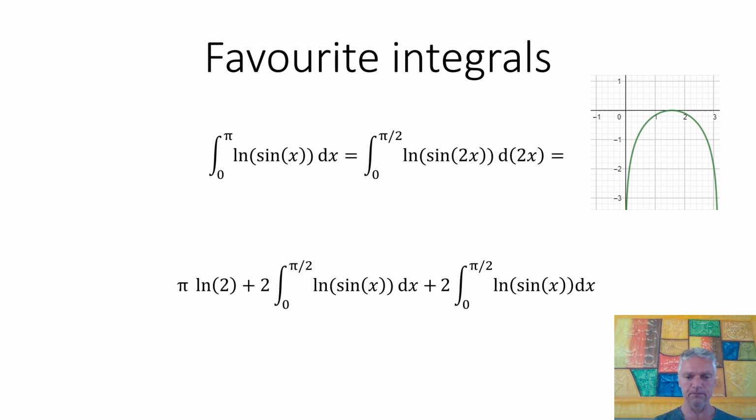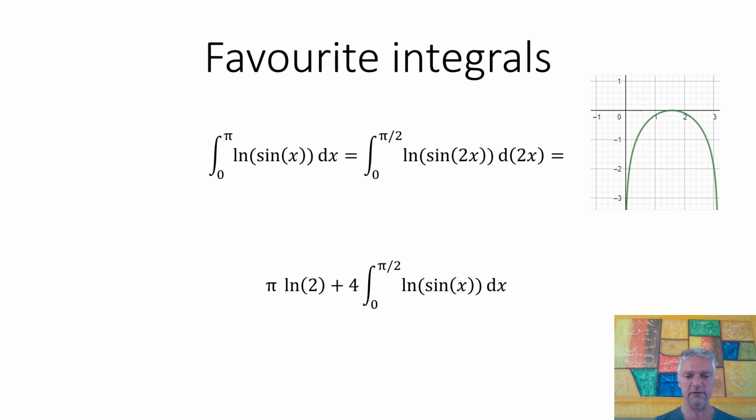So now hang on. We've got this. We now have that the original integral should be equal to pi logarithm of 2 plus 4 times the integral of x running from 0 to pi divided by 2 of the logarithm of the sine.